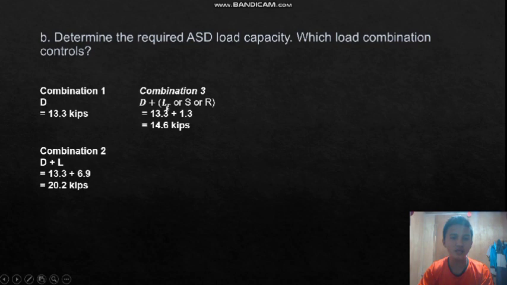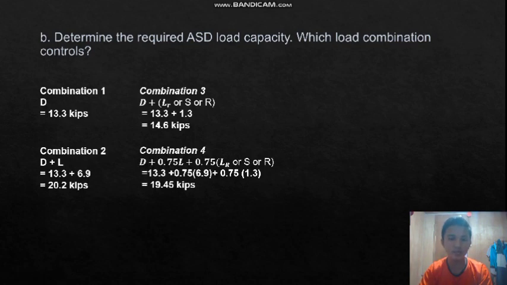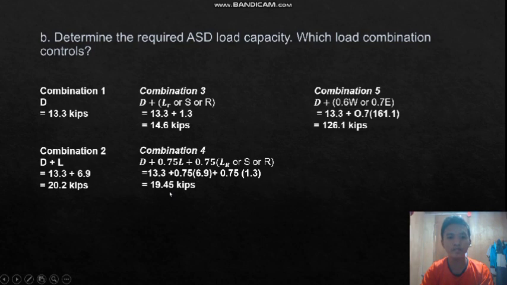Ang ginamit natin dito ay LR at saka S since same lang sila ng value, and ang lalabas is 14.6 kips. Combination 4, D plus 0.75 times L plus 0.75 LR or S. S ang ating gamitin diyan kasi same lang ang value. Then, substitute natin. Ang lalabas is 19.45 kips.